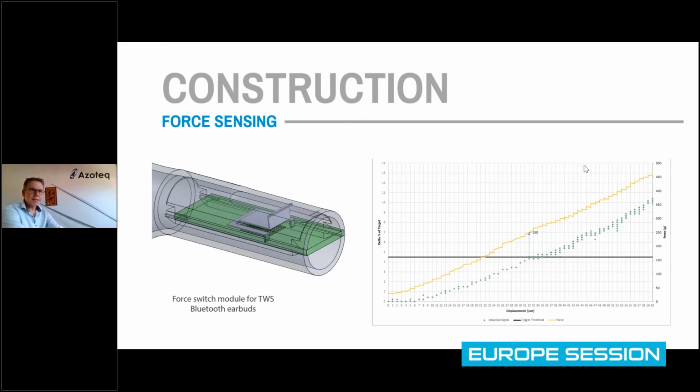The first part is that inductive sensing is less exposed to drift caused by temperature, so inherently it is a little more robust compared to capacitive.